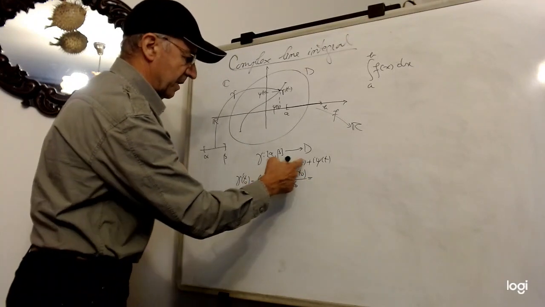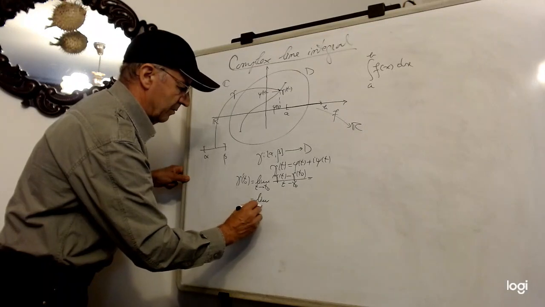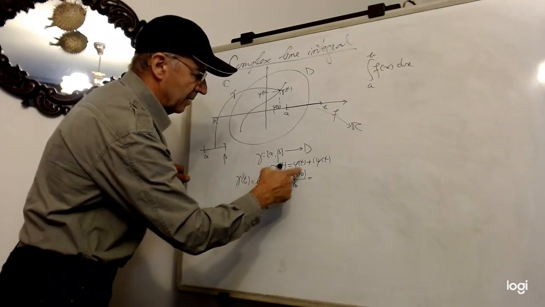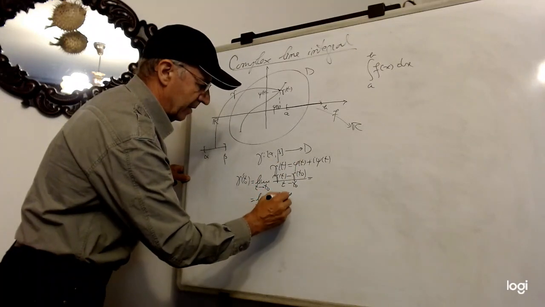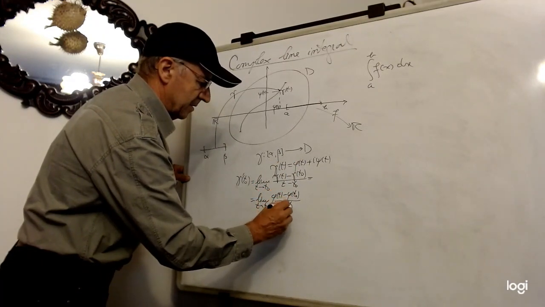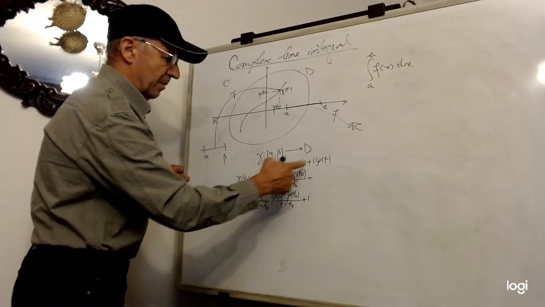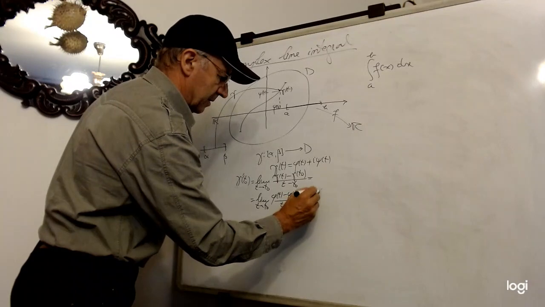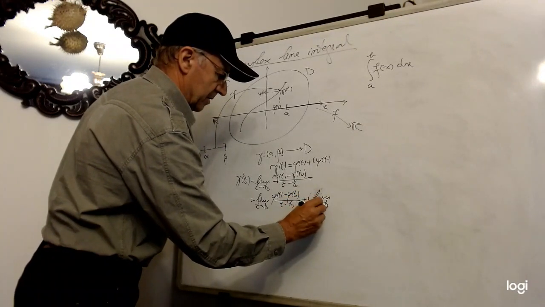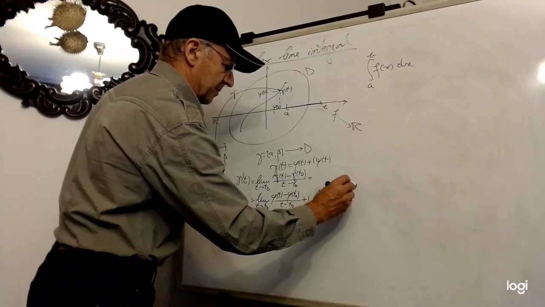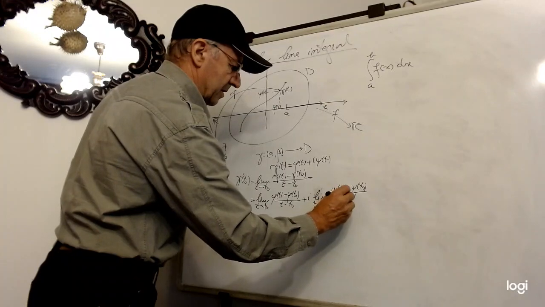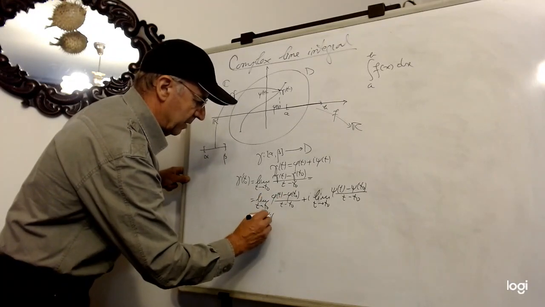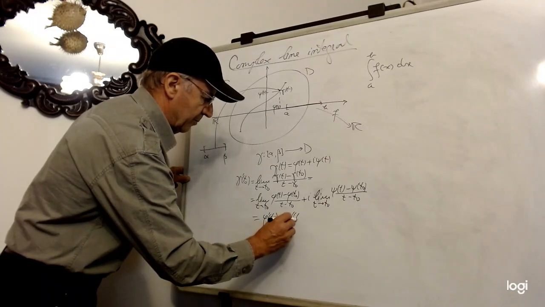That is, if we substitute here, it is the limit for t going to t0 of phi of t minus phi of t0 over t minus t0, plus i times the limit for t going to t0 of psi of t minus psi of t0 over t minus t0. And you can see that we get phi prime at point t0 plus i psi prime at point t0.